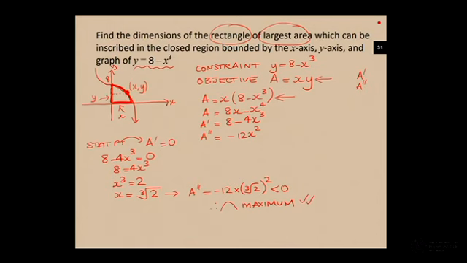And the question said find the dimensions. So what I've got to do is go back and find the dimensions. X is going to be the cube root of 2. Y is going to be, now I have a statement up there that says it's 8 minus whatever x is, cubed, and when I push that in, I'll end up getting a 6. So the dimensions are cube root of 2 by 6.